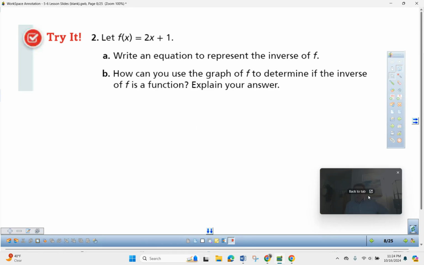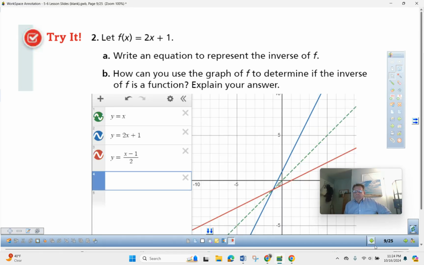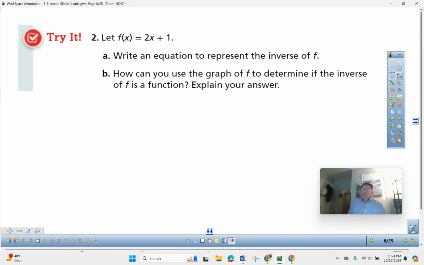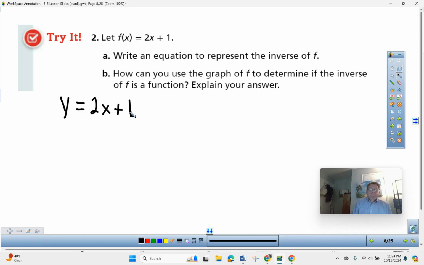Okay, let's see if you agree with me, okay? So step one was to rewrite the problem with y. Step two was to switch the x and the y.